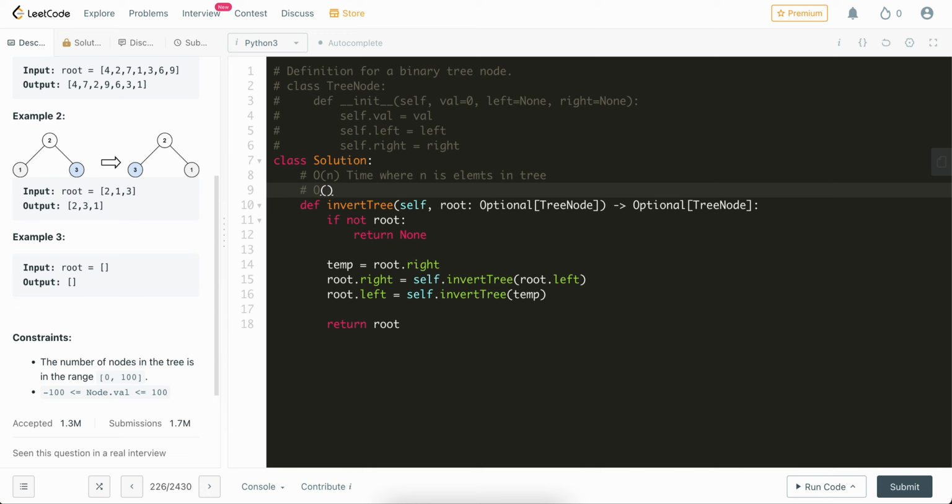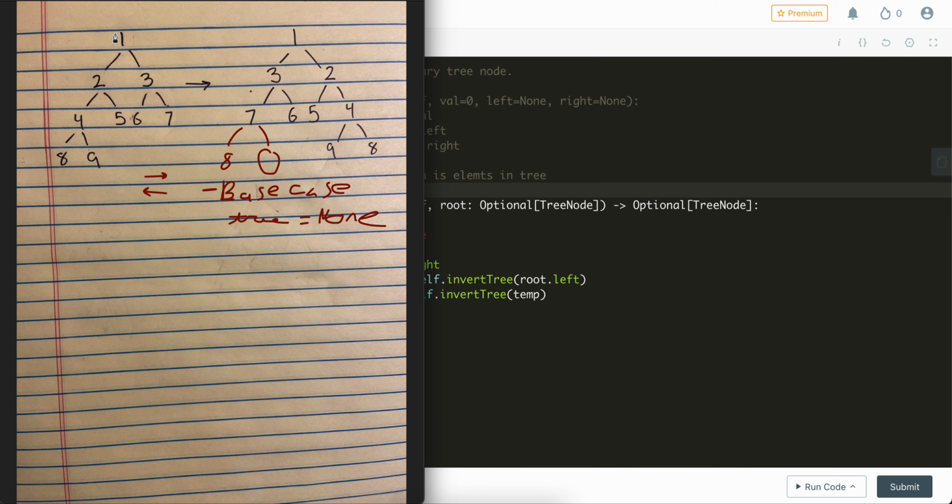And then our space complexity, well, if we look at this, we're not really storing any auxiliary data structures or anything like that, but what we are doing is inverting the tree. And so we're saying, starting at the root right here, go here, then go here, then go here. So we're going to have to make at least this many recursive calls, right? And then obviously we're going to go right here, but there's nothing here. So I believe that our space complexity is going to be the height of our tree, right?